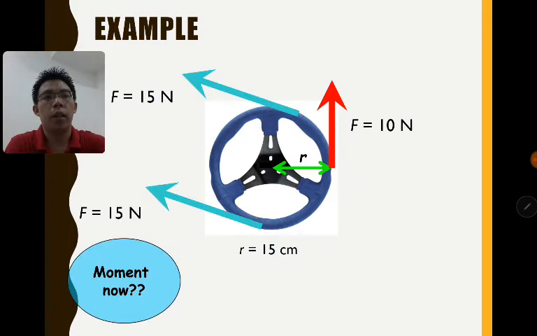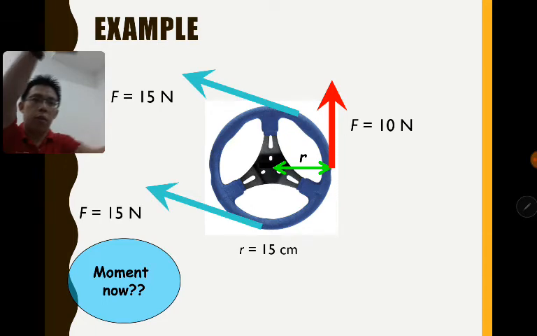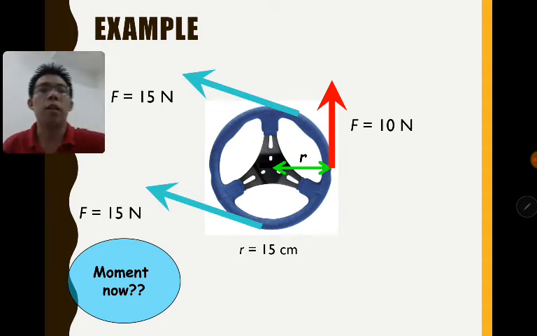Let's say I have this applied together with the force of 10 Newton. Let's say you're driving with one of your hands, and then your friend from the side suddenly wants to pull your steering from the side like that. So will you worry or not?